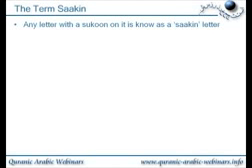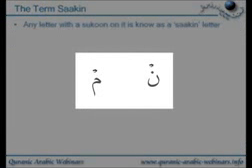So first, the term sakin. Any letter with sukoon on it is known as a sakin letter. So this is just terminology. So here we have noon sakin and mim sakin. So the noon has a sukoon on top of it, and that's the way it's written in the Uthmani script.